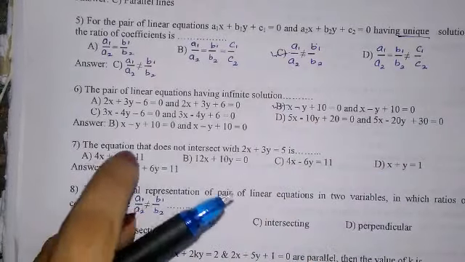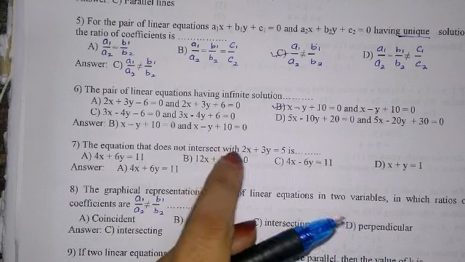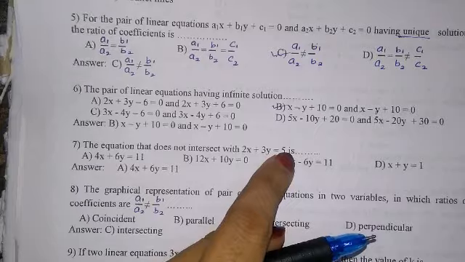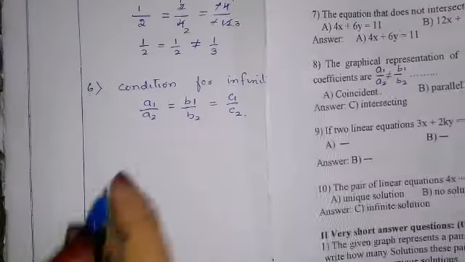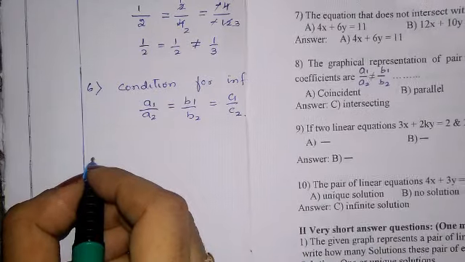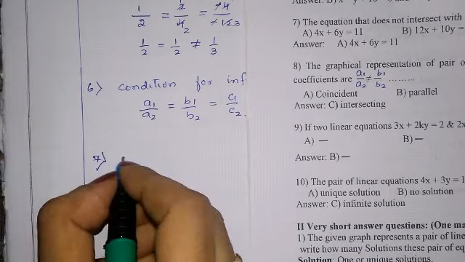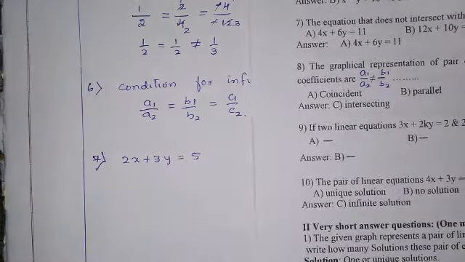Okay. Here let us see now. Which equation does not intersect with 2x plus 3y is equal to 5? Intersect means, you know, that a1 upon a2 should not be equal to b1 upon b2. So here 2x plus 3y is the given equation.